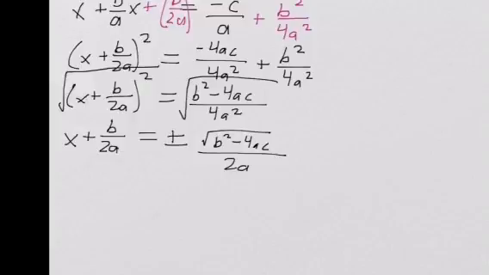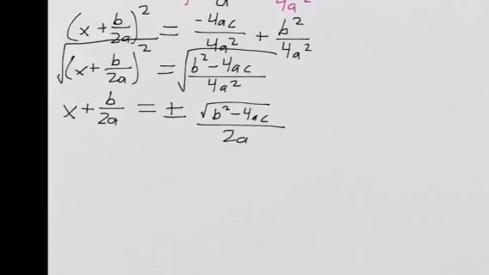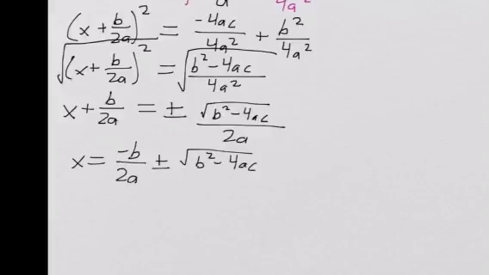It's 2a. Now I can subtract the b over 2a from both sides. And finally, just put that over a common denominator.